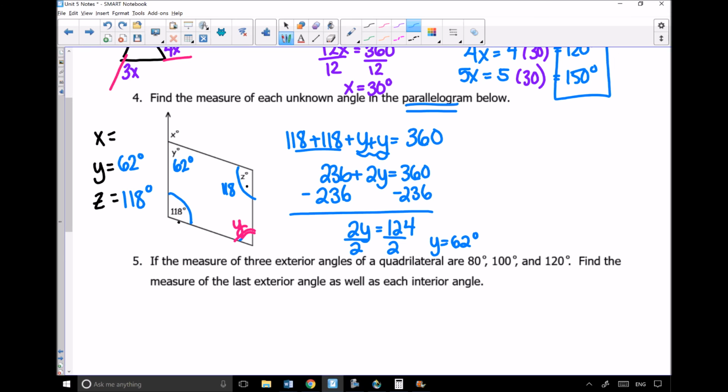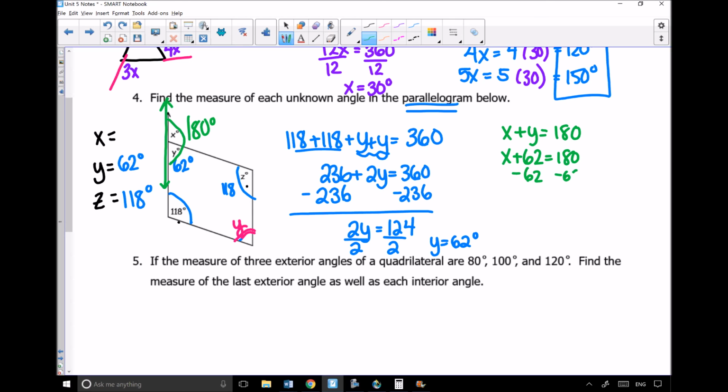Last piece of information that we need to know that's going to be helpful to us is the fact that these create a straight line. And we know a straight line is 180 degrees. So to figure out what x is, I would take x plus y, and I know when I add them together it should be 180. Well, if y is 62, I would say x plus 62 equals 180.